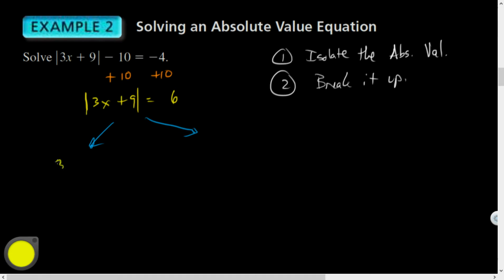So either 3x plus 9 equals 6, or 3x plus 9 equals what? What are my two cases? Either the inside was this, or the inside was negative this. -6 in this case. All right.